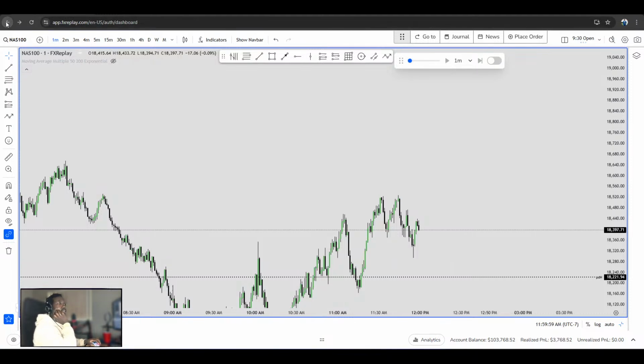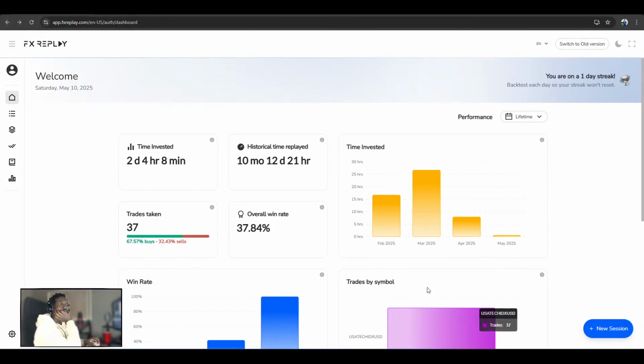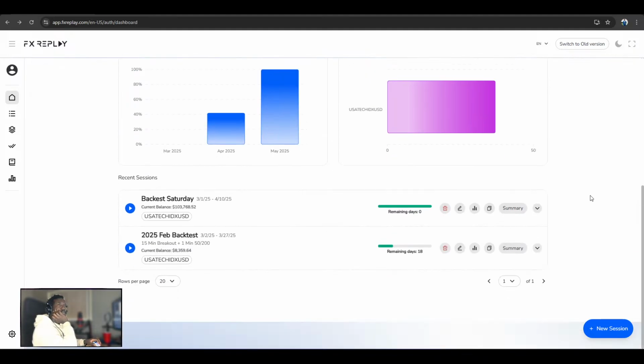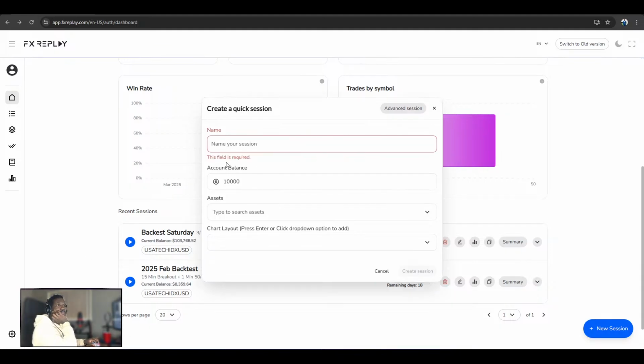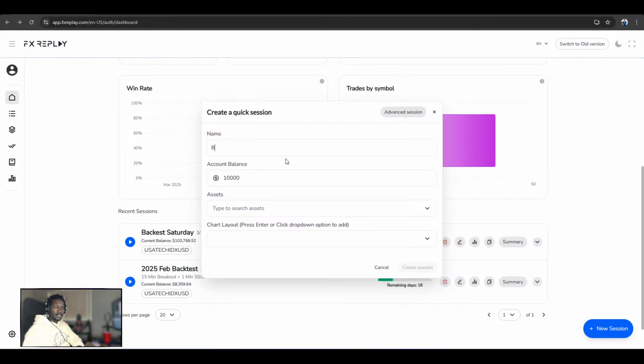I'm gonna go back and create another session here. So fine, saying 37.84, but this is not really my concern here. So we're gonna do a new session here. It's gonna be Backtest Saturday. Do we have to name this? Yeah, I'm just gonna name it today. What is today?